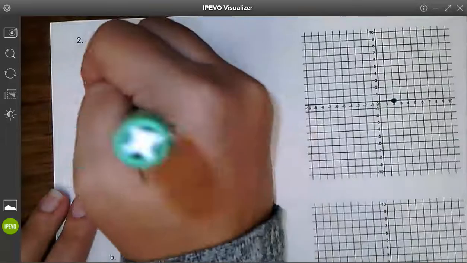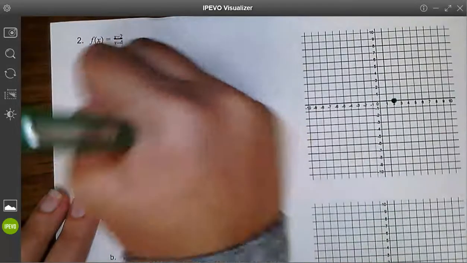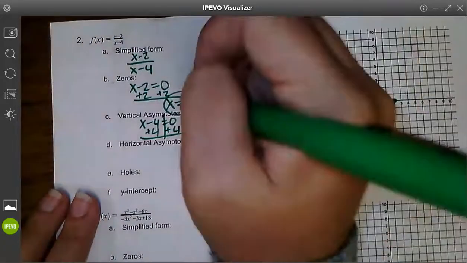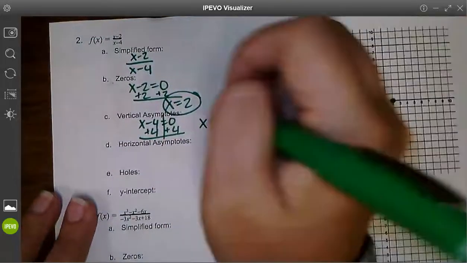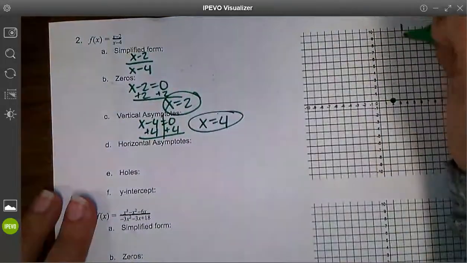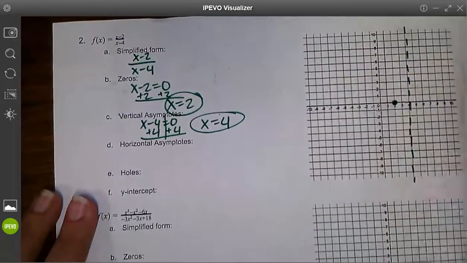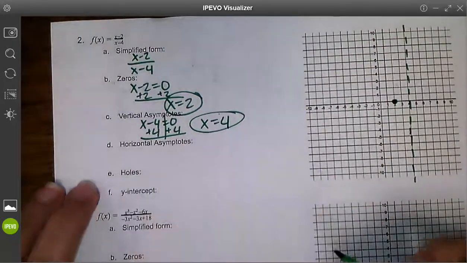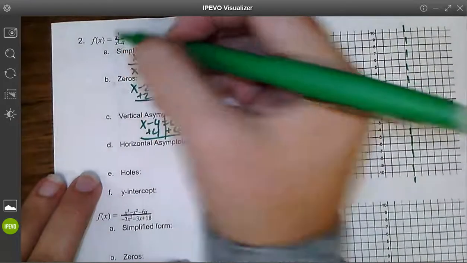Vertical asymptotes is where your denominator equals 0. So set that equal to 0 and solve. Add your 4, and you get x equals 4. So that's a vertical asymptote at x equals 4. Horizontal asymptotes. This one is neither, because the degrees on my top and on the bottom are both 1.